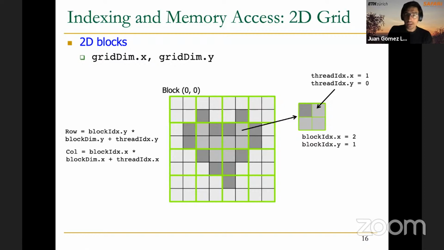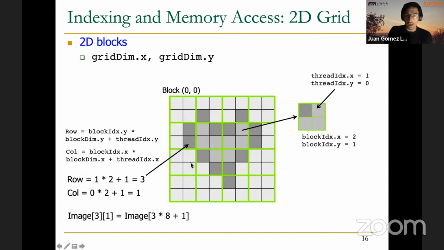And if we want to access one particular element in this two-dimensional organization, we need to obtain the row and the column where the particular pixel resides. So we know that this pixel here, for example, is in row 3 and column 1.